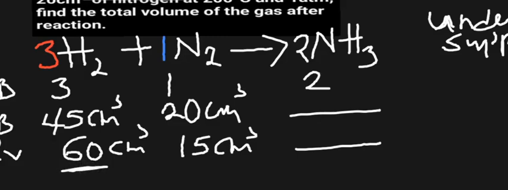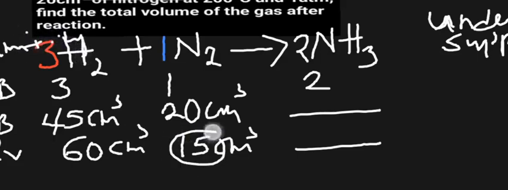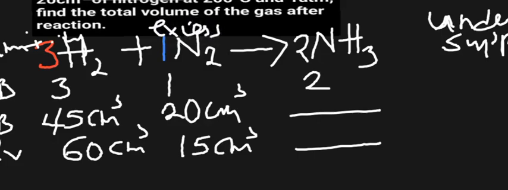Remember that we need 60 cm cube, and we are given 45, which means hydrogen gas is the limiting reactant, because we needed 60 and we are given 45. For this one, we need 15 and they gave us 20, which means this is the one given in excess. So the excess reactant is nitrogen and hydrogen is the limiting reactant. Just keep that in mind.